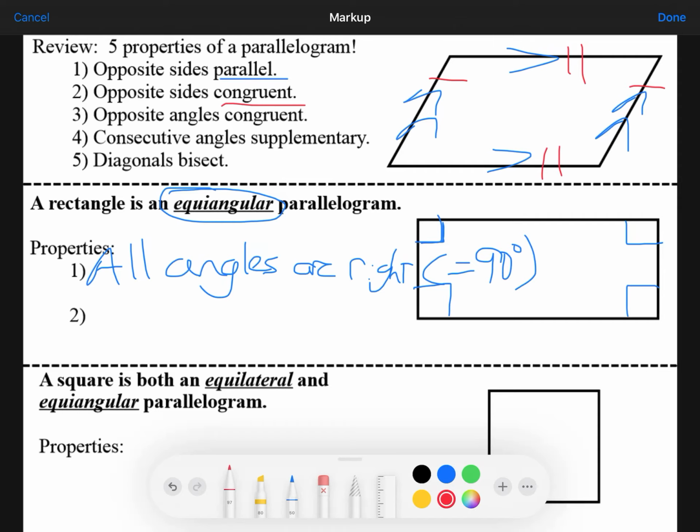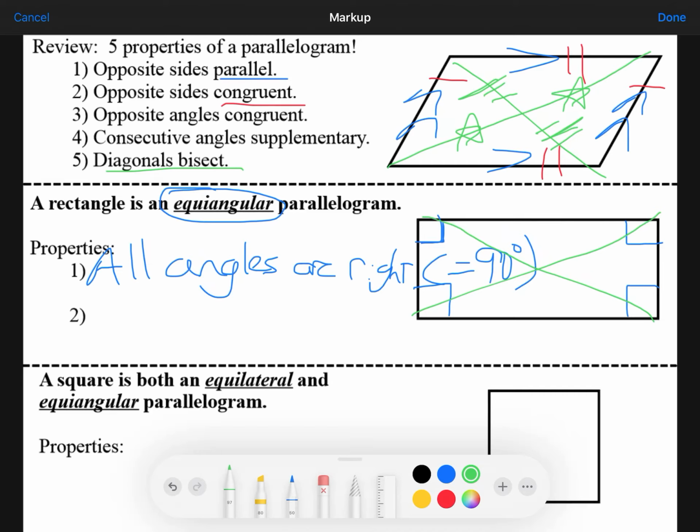In addition, there's something special about the diagonals. In a parallelogram, diagonals bisect. One piece is equal to the other. Same thing, one piece is equal to another. It's the same thing in a rectangle. The top left piece is the same as the bottom right piece.